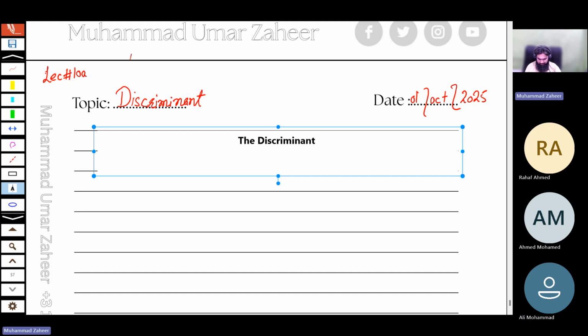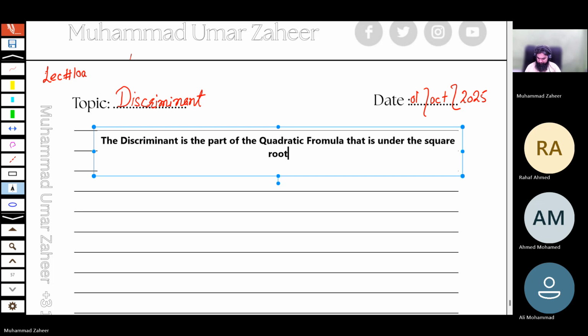Yes, the discriminant is the part of the quadratic formula that is under the square root. So the discriminant is a part of the quadratic formula that is under the square root.